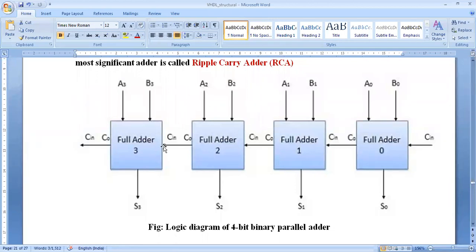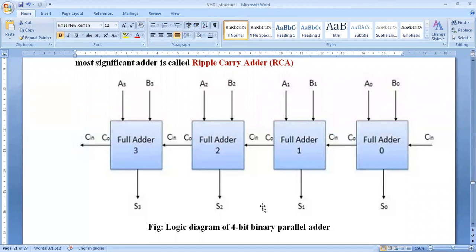Logic diagram. So let us consider a 4-bit parallel adder. A 4-bit parallel adder consists of 4 full adder circuits, because a full adder can add only a single bit of binary numbers.